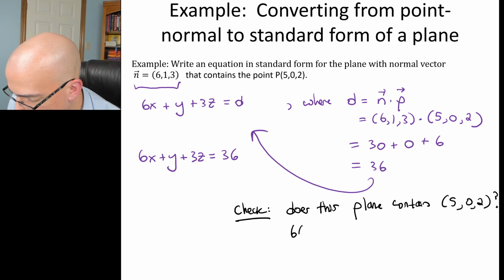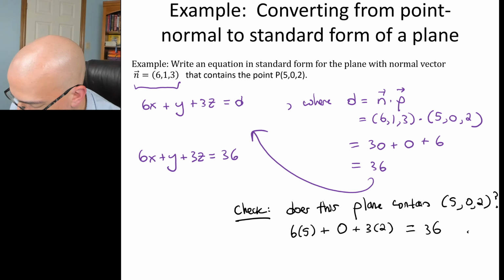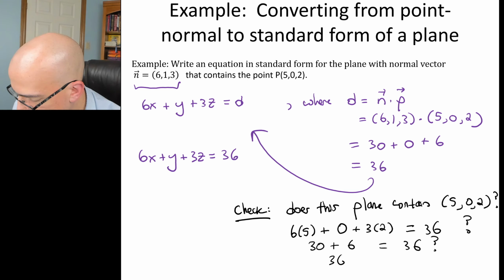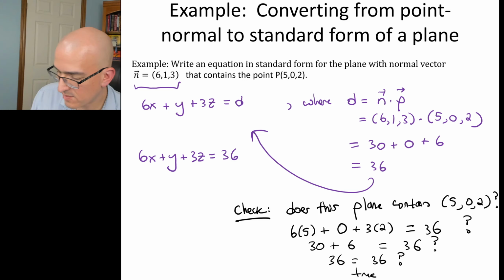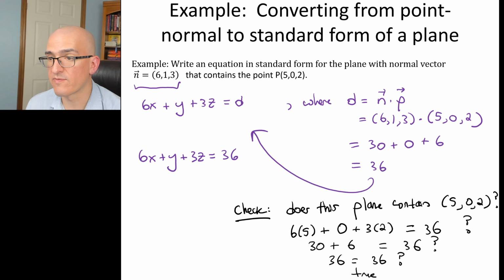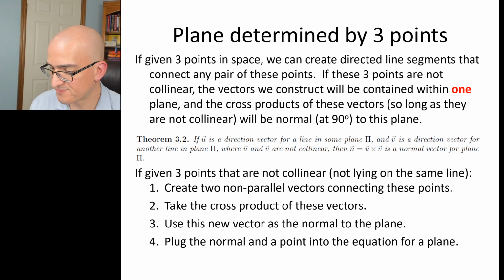So 6 times 5 plus 0 plus 3 times 2 equals 36? 30 plus 6 equals 36? 36 equals 36? So true. That means it's right. We found everything we needed to find to answer the question.